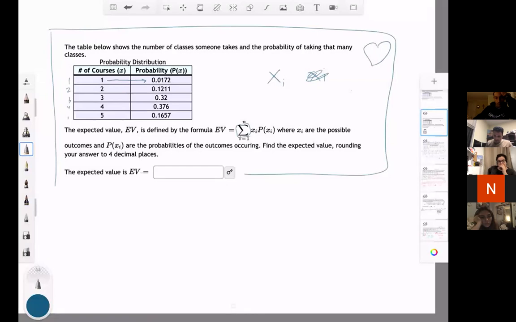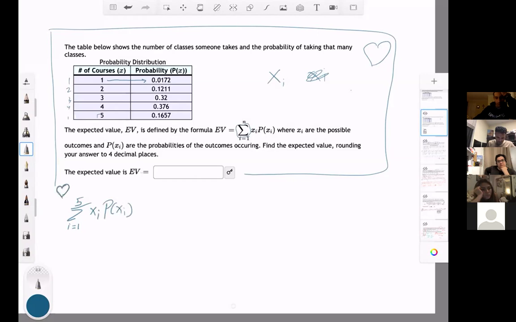Good. So we're going to have the sum of i from 1 to 5, because we have only 5 rows, of x_i p of x_i. This is a beautiful formula, so we're going to use it. The sigma means addition, correct?